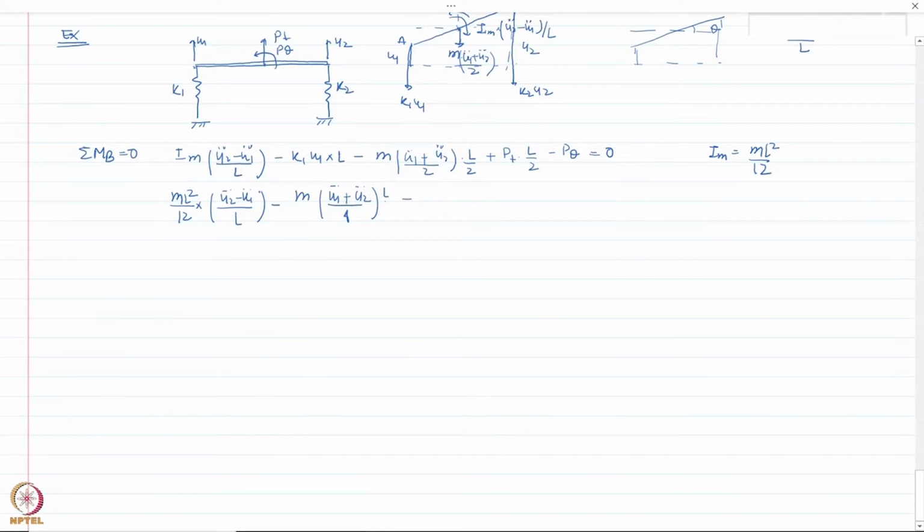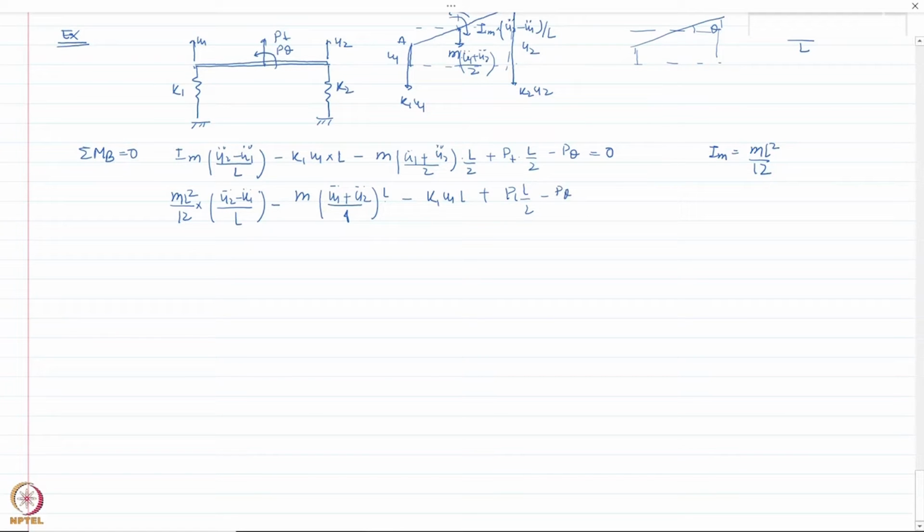And this quantity here, k1 u1 times L plus pt L by 2 minus p theta. Okay, so let us further simplify this one.